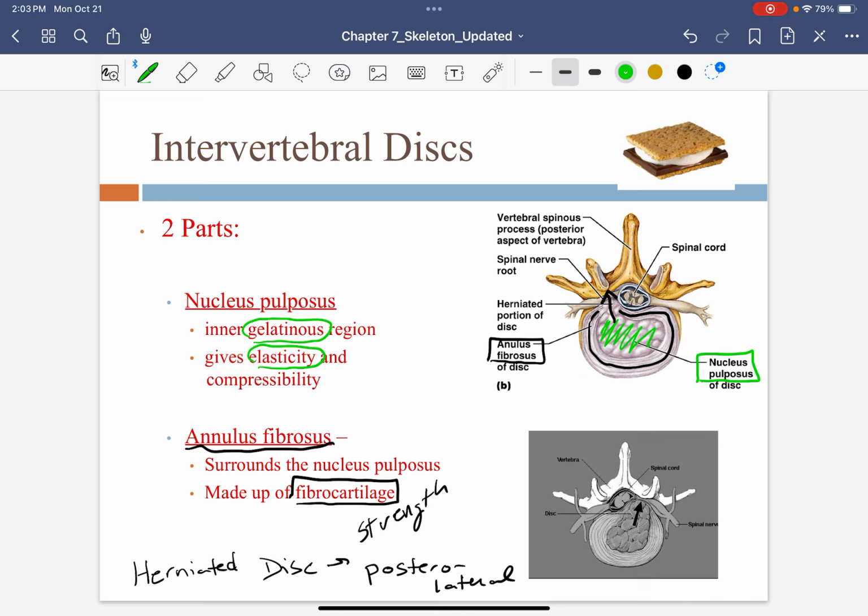So imagine our s'more analogy. Let's say this is the anterior part of the body, and this would be the posterior. If I'm constantly flexing, wouldn't that put the two front pieces of the graham cracker together?